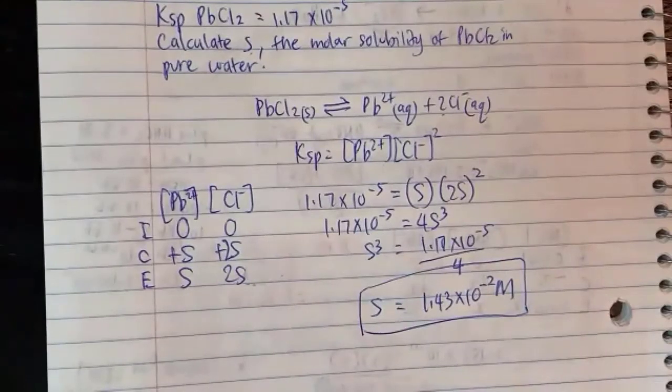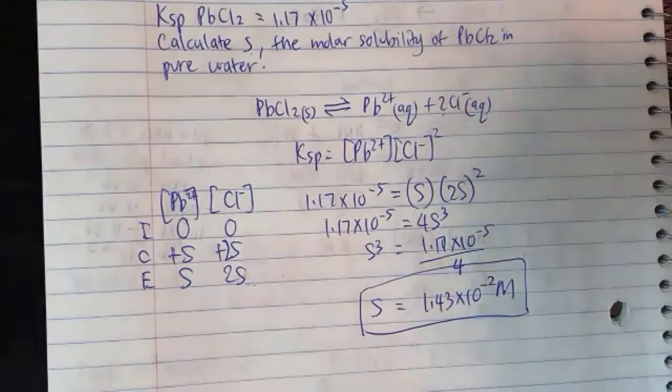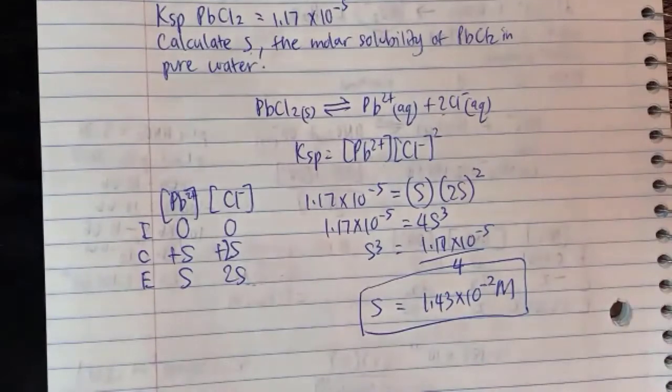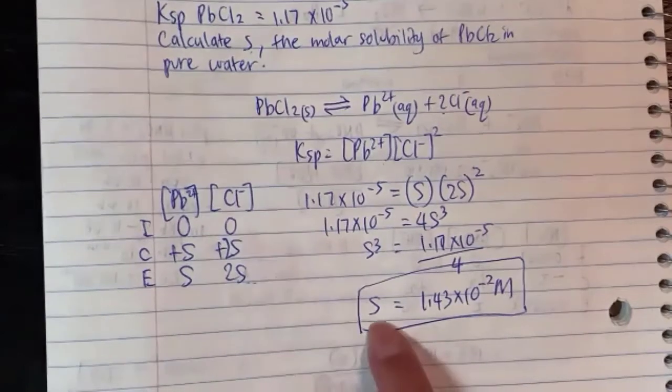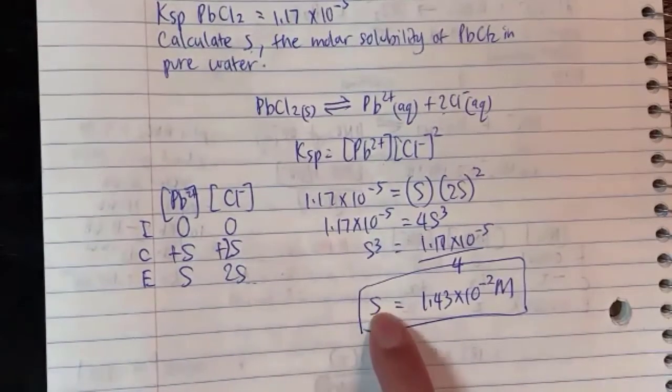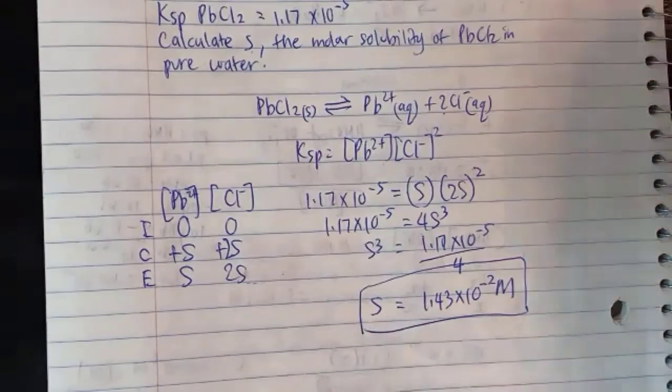Okay, now what does molar solubility mean? It means how soluble the thing is. So one important thing is you don't want to compare KSP. Sometimes they'll ask you, which one of these is most soluble? Which one is least soluble? Solubility depends on the S. The most soluble means the highest S. The least soluble means the smallest S. Do not compare the KSP unless the number of ions is the same.